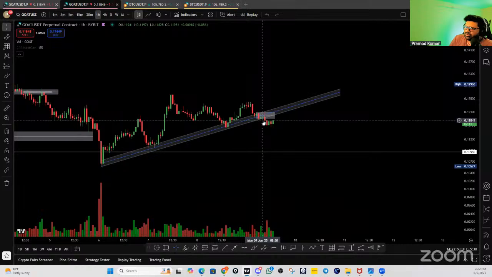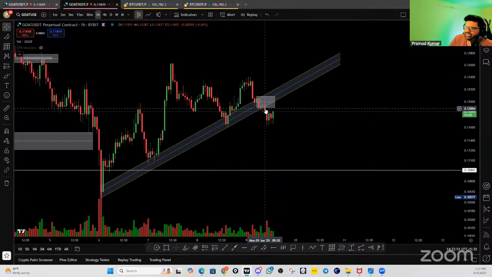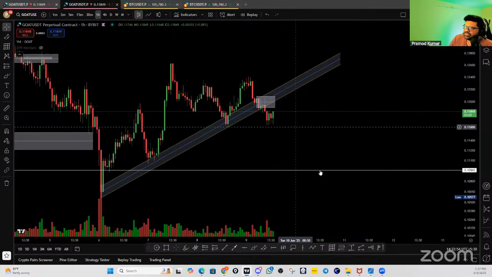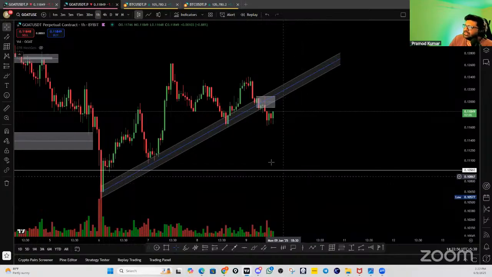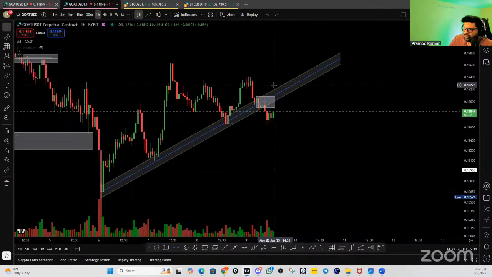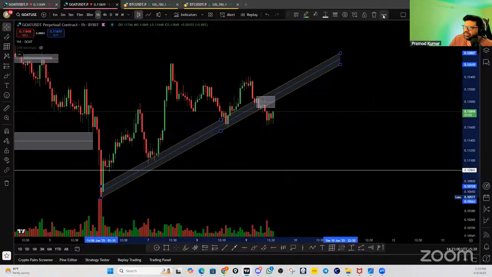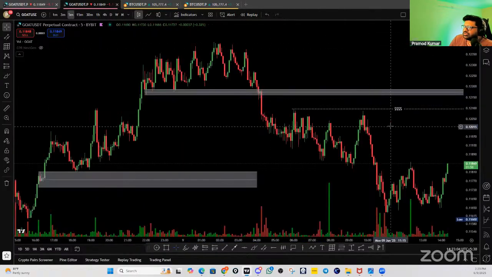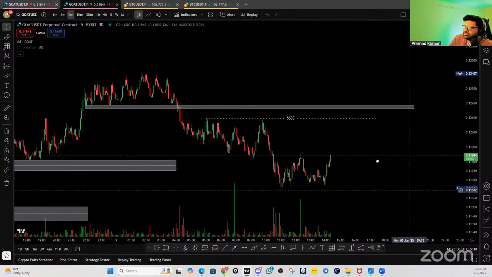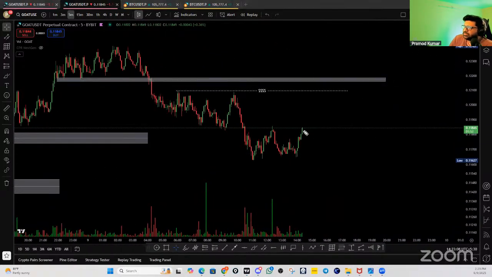We got the breakout. After the breakout, the retest is still pending. When it's going for the retracement, you should know where the liquidity is on the 5 minutes. This is the area. I can expect that if the market comes here, then I'll join.